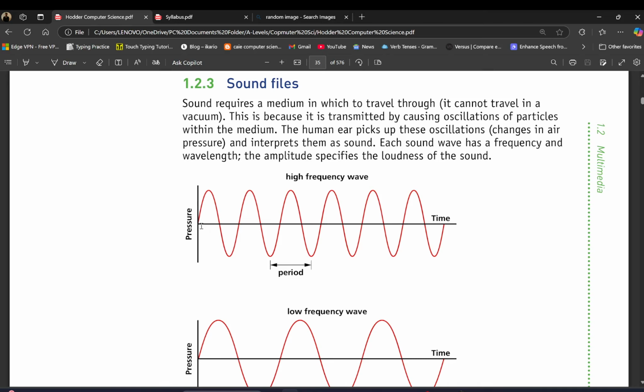So for this part, this is where one complete wavelength happens. It goes up, comes down, comes to the point, goes up, comes down, here's the point. So from point here to point here is where one wavelength is completed.